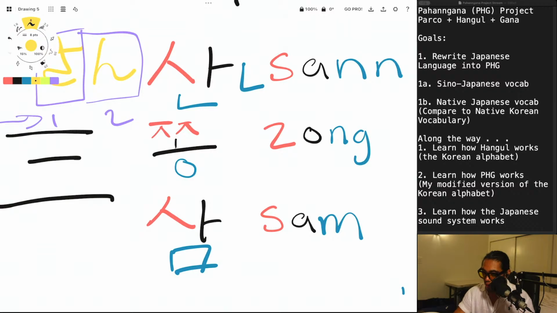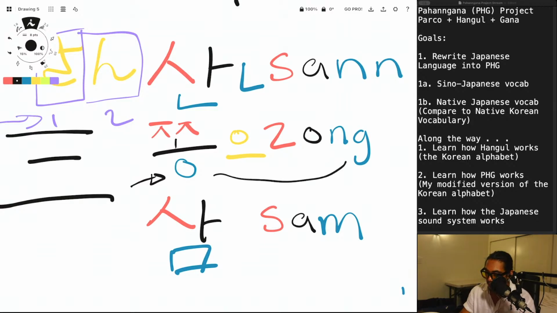Oh, I didn't even explain. The way that Hangul works, this bottom one is an NG. But in Japanese, when we have an NG as a final, we do not pronounce it, and we just extend the pronunciation of the vowel that comes before it. So zo. We don't have zong, but zo.